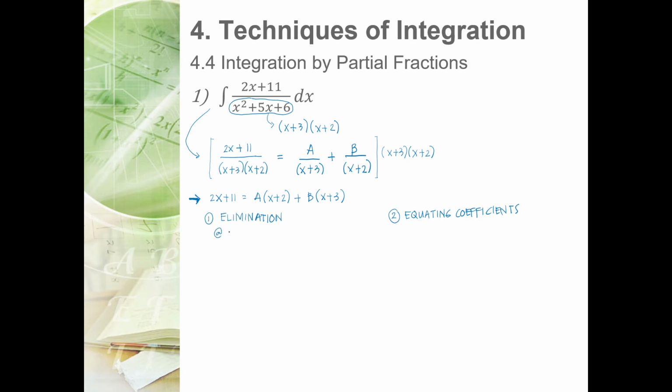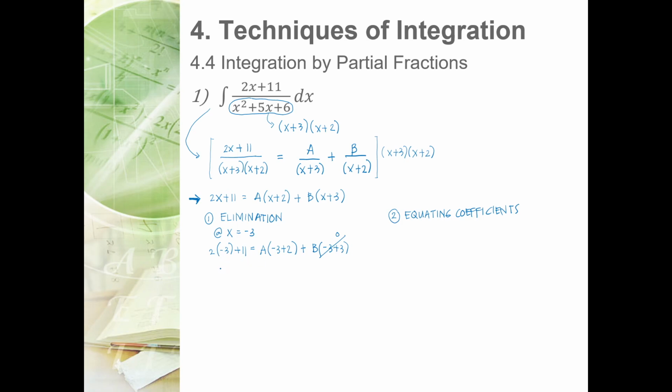So at x equals -3, I'm going to have 2 times -3 plus 11 is equal to A times -3 plus 2 plus B, then -3 plus 3. So notice that this becomes 0, and then 0 times B is just 0. So meaning we don't have any more B variable. We only have the A variable now.